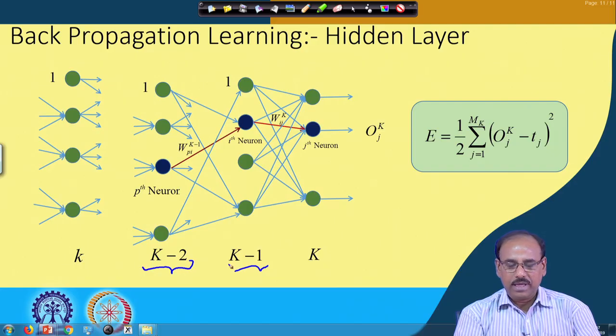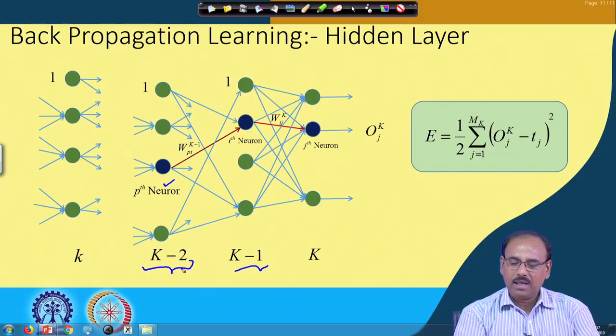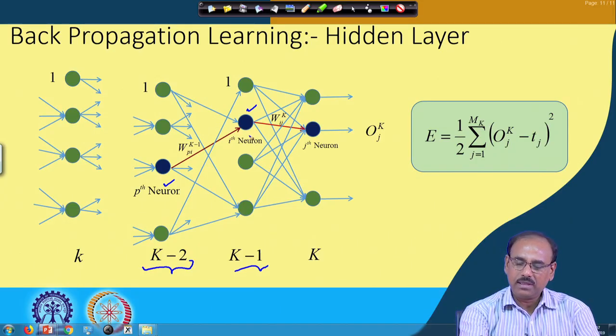So, in order to do this, I take a neuron, say the pth neuron, in the (k-2)th layer, and the ith neuron in the (k-1)th layer. You see that I am just following a chain, because in the previous case I assumed a connection from the ith neuron in the (k-1)th layer to the jth neuron in the kth layer, and that connection weight was Wij.